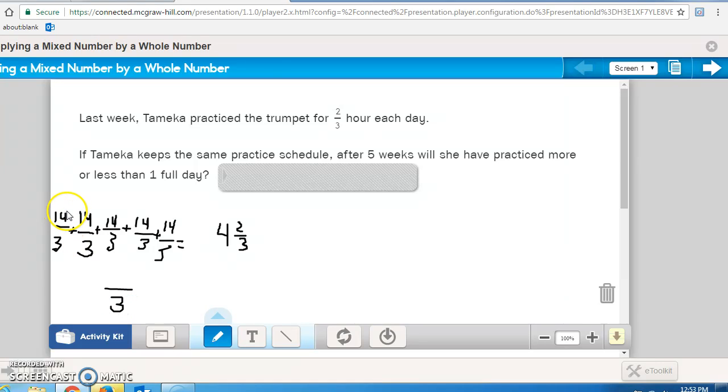I add the numerators. 14 and 14, that's 28. And again, 14 and 14 is 28. So far I have 56. Now I need to add 56 and 14, which gives me 70. Or I could do 4 and 2/3 times 5.